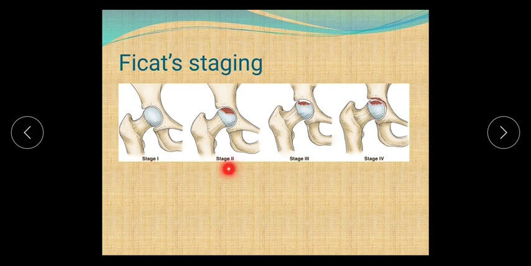Stage 2, X-ray shows the necrosed part has an increased density. Stage 3, there will also be collapse, deformed head. Stage 4, even the acetabular side undergoes degeneration and osteoarthritis of the joint occurs. This is stage 4.